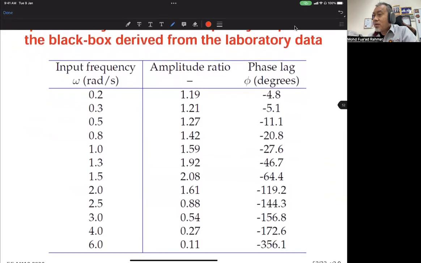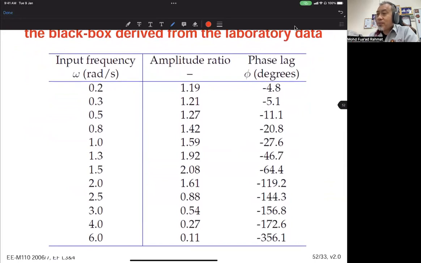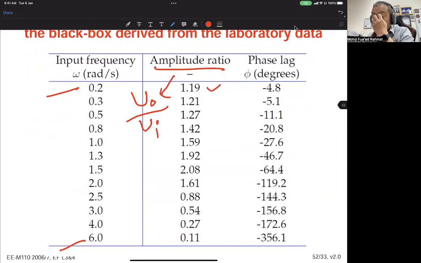So you can see that the input is here, the first frequency, and then the final frequency. So you can see the amplitude ratio, which is V out over V in. Okay, it is a ratio. It starts to decrease from 1.19 to 0.1, and then the phase lag gives a negative value. Okay, why this negative value?